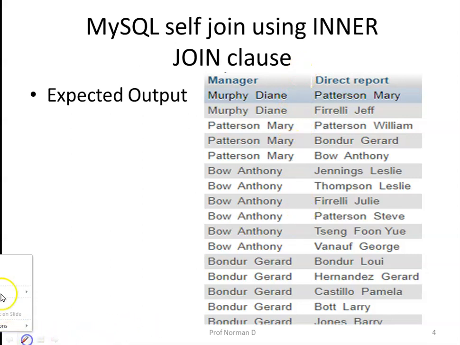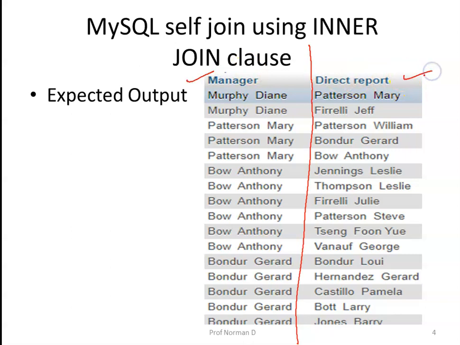Now if you look carefully at the expected output, you can see clearly that there are two columns over here, one as manager, one as direct reports to. In the original relation, we do not have any attribute called manager, neither do we have any attribute called direct reports to. So basically this is an alternative name given to some attributes.